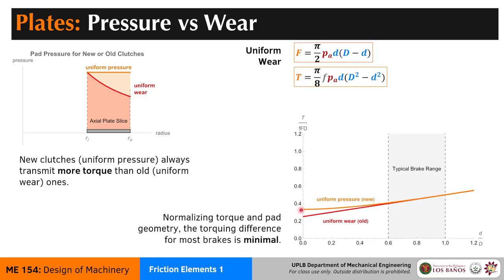So this is the normalized torque for the uniform pressure function, and then this is the normalized torque for the uniform wear. Our x-axis here is the ratio of the inner to the outer diameter, and the y-axis is the normalized torque. Now what you notice is that there is a difference as long as this ratio is low.